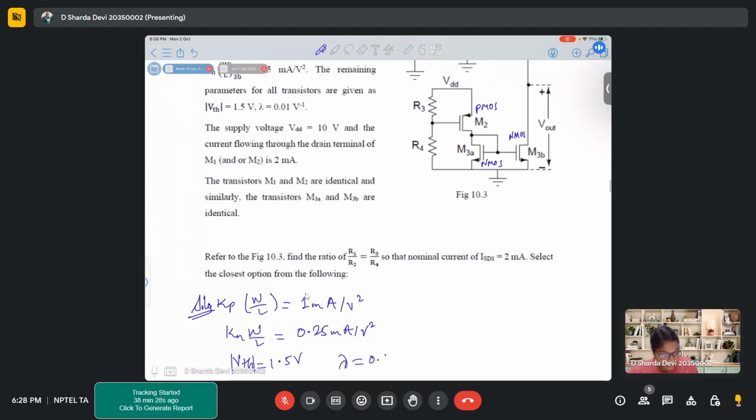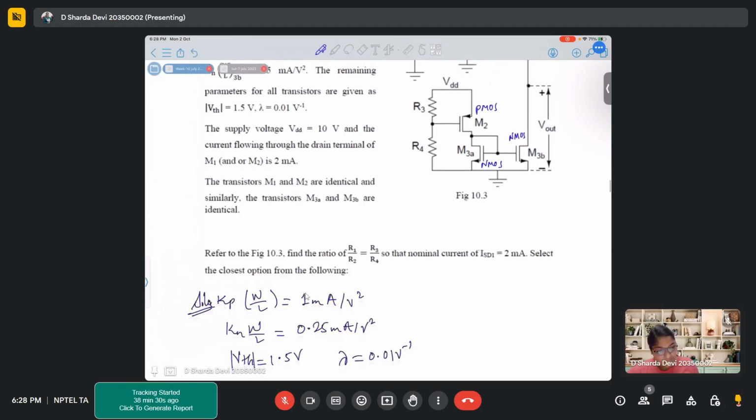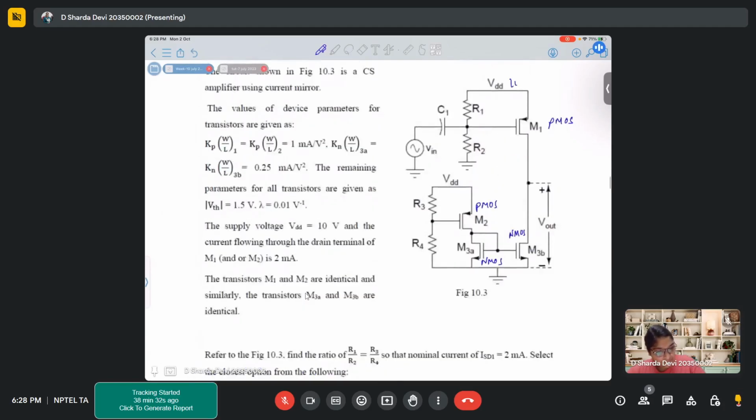Lambda is 0.01 volt inverse. VDD is 10 volts. And the current flowing through the drain terminal of M1, and M2 also, is 2 milliamperes. The current flowing in this branch is 2 milliamperes.